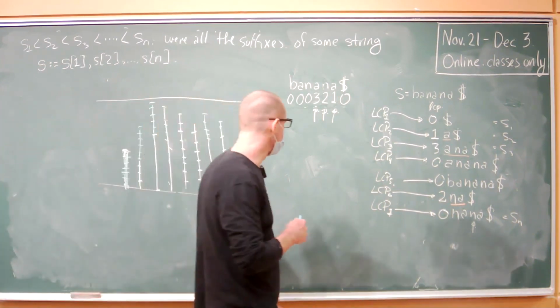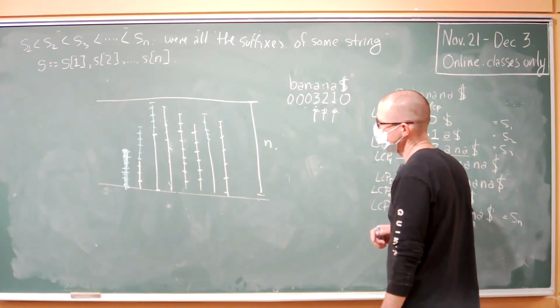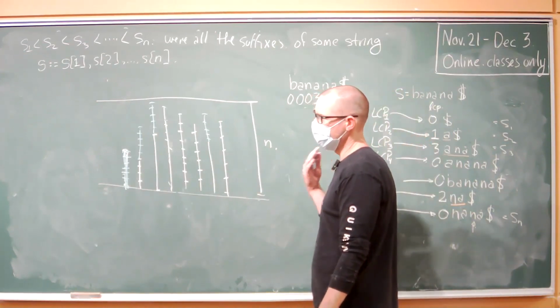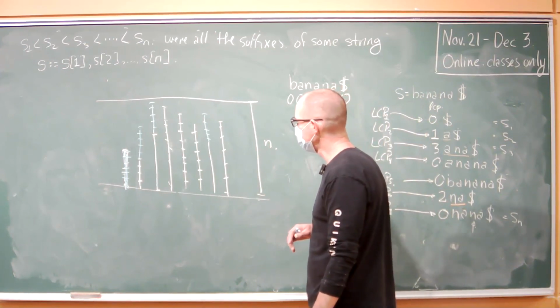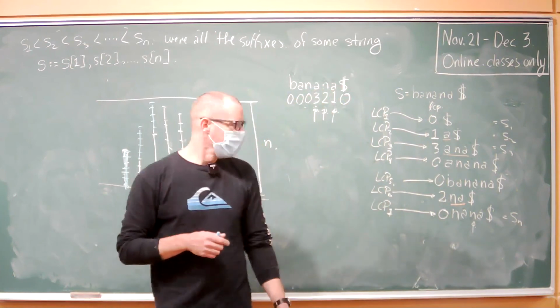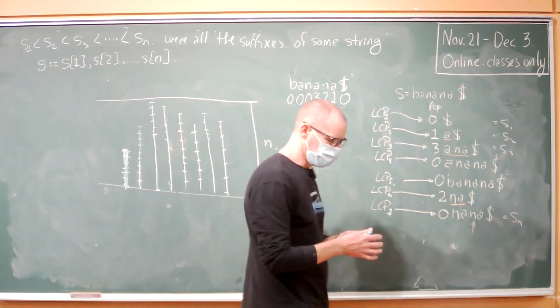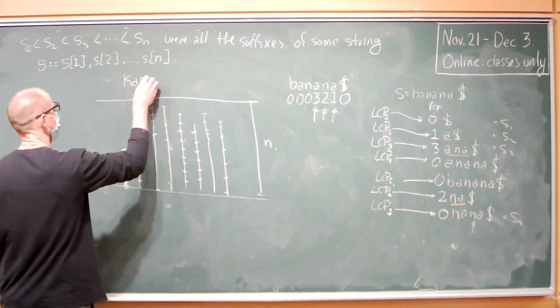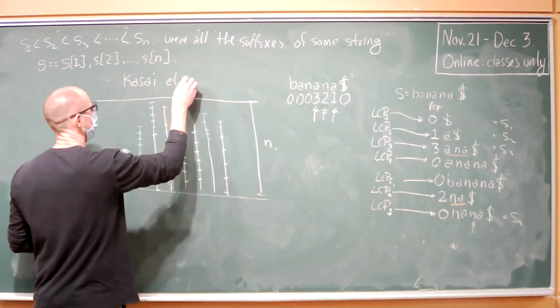So that tells us that the total number of increments is never more than n more than the number of decrements, which is at most n. All right. And you can look this up. It's an algorithm by Kasai and others.